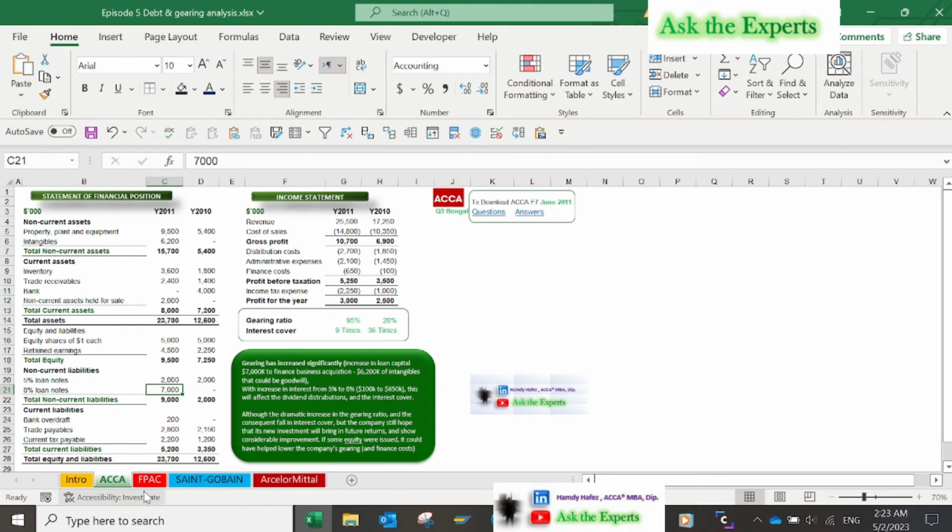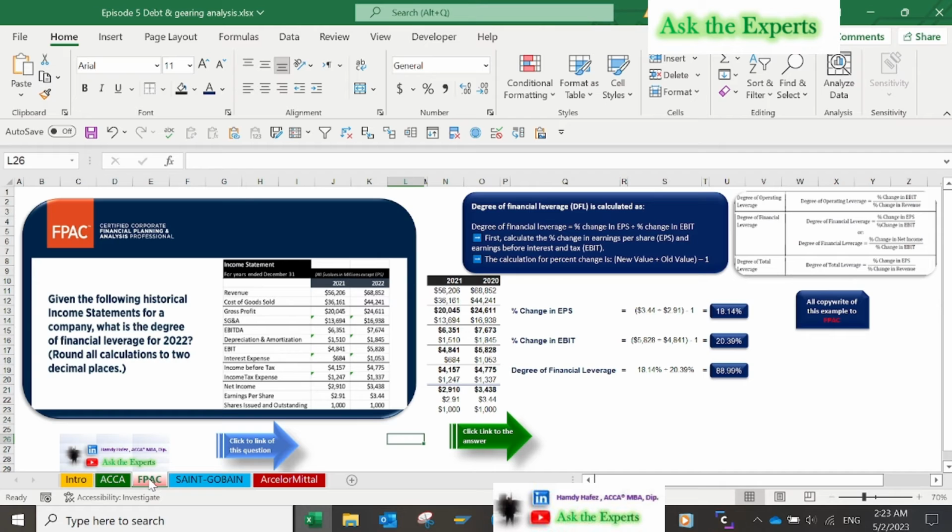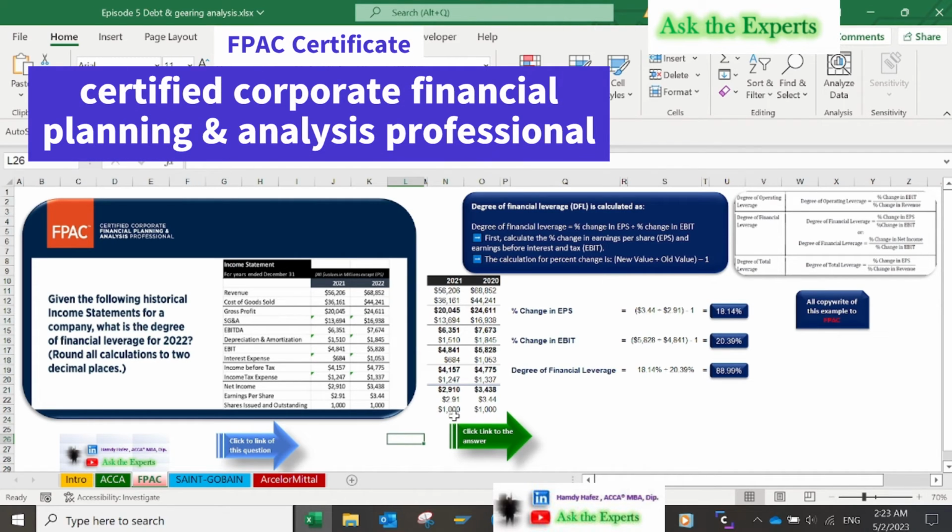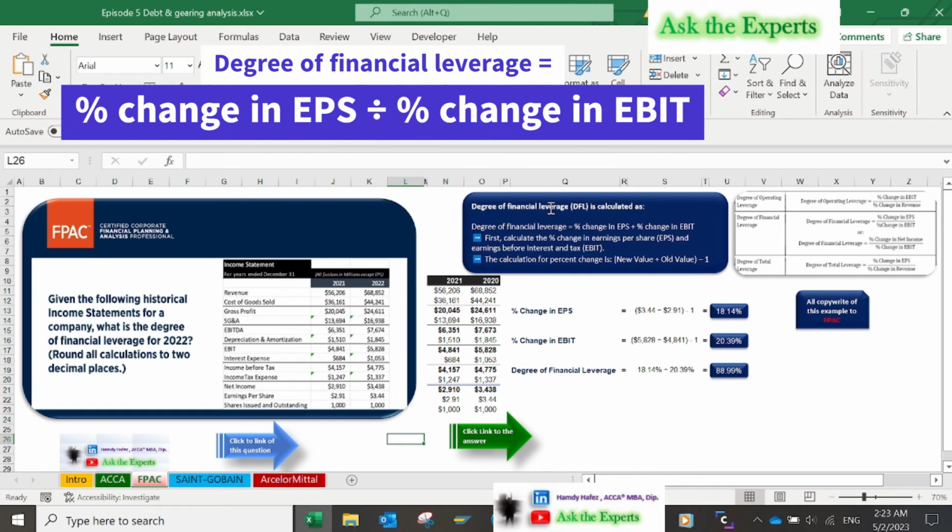Another comprehensive example, but this time related to the FPAC certificate, the Certified Corporate Financial Planning and Analysis Professional. It's about the calculation of the DFL, degree of financial leverage. It is calculated by dividing the percentage change in EPS by the percentage change in EBIT.